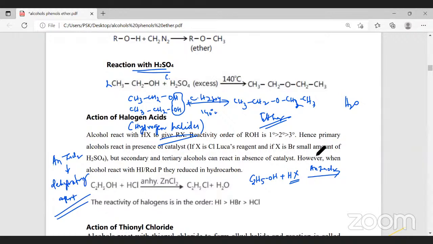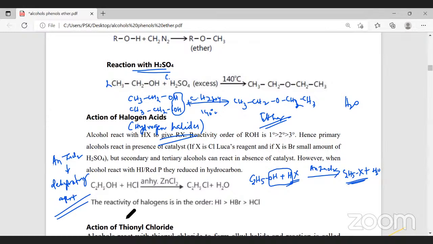All right, so when I say this is a dehydrating agent, what happens? It removes water. Water gets eliminated as a byproduct. When water gets eliminated, what you have now is C2H5 and X. This is nothing but alkyl halides. So we can prepare alkyl halides from alcohol by treating it with hydrogen halides or halogen acids.